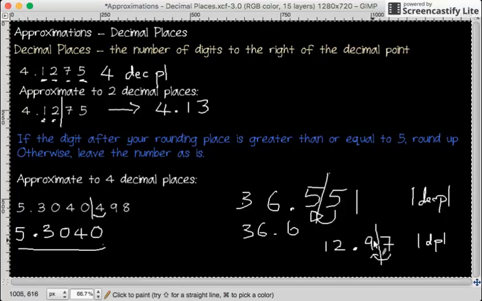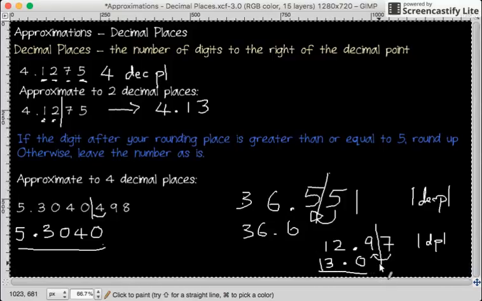Just like addition, you have to carry that 1, and so this becomes 13 point, and you're just left with a 0 there. Again, you have to leave that 0 as that last decimal place. So 13.0. The entire next column has to be raised because this goes up from 12.9 to 12.10 essentially, and obviously you can't have that. And if you look at the number, it makes sense: 12.97 rounded up is close to 13.